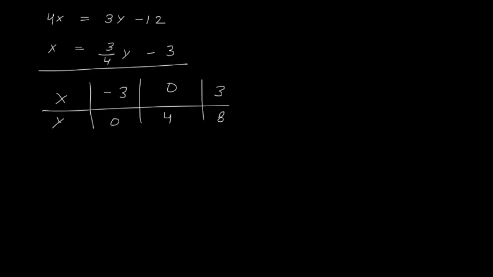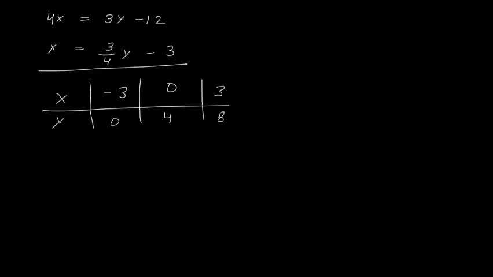Okay, what you have to do, you have to replace the value of y here. When you replace 0, you will get value of x. When you replace y equal to 4, you will again get the value of x. And when we replace y is equal to 8, we get value of x as 3. Okay, so here I am doing directly.